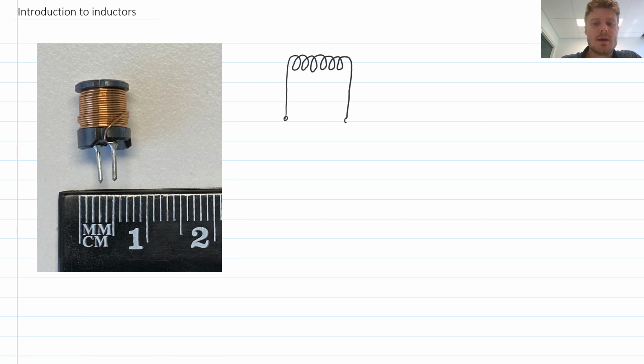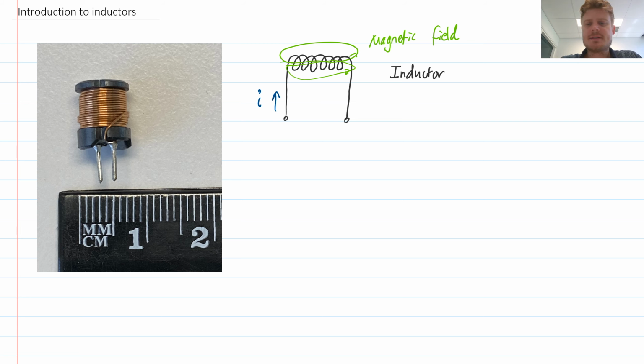So you get a magnetic field which is formed here. And then you get some fairly interesting properties that arise because this magnetic field can in turn induce a voltage. This effect is called inductance, and we're going to study how this works.